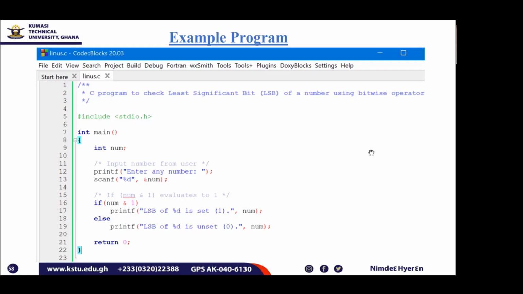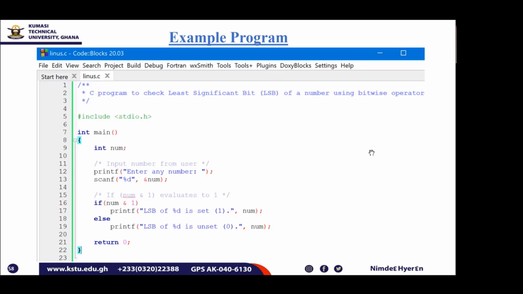In this case, we are talking about binary, zeros and ones. As we move from the right to the left, we are going toward the most significant bit. So the most significant bit is always on the left, but the least significant bit is always on the right.